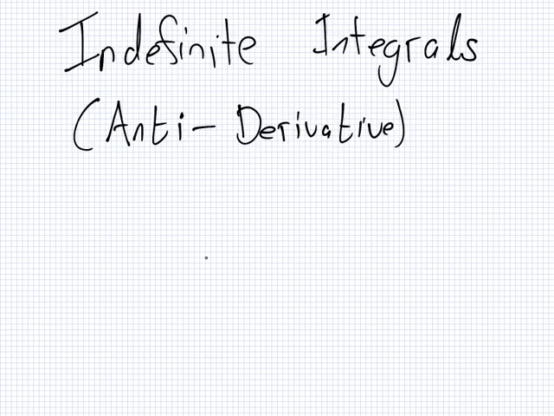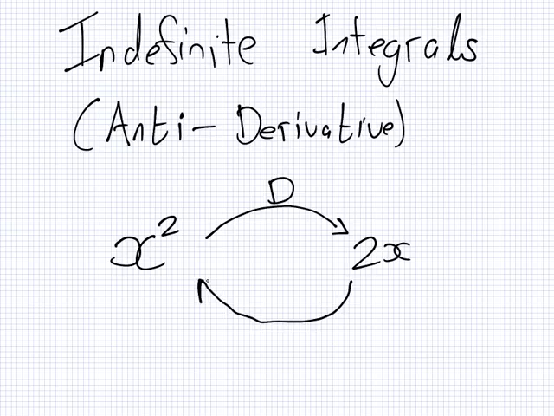For example, last week we said x squared, its derivative is 2x. So the antiderivative of 2x would be x squared. In other words, the antiderivative takes us back to the original.